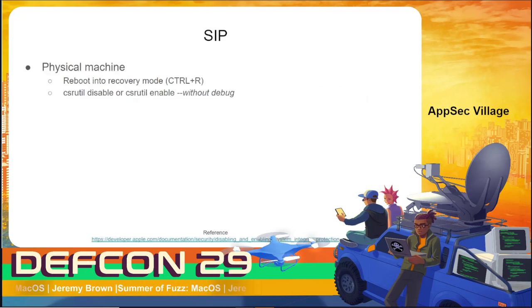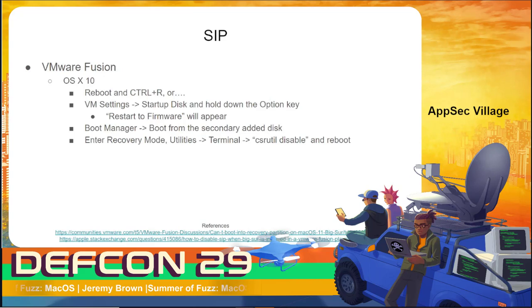So on a physical machine, you can reboot in recovery mode and then disable it, or again, enable it without debug. So that will give you some debug privileges, essentially. And if you're using VMware Fusion or any other virtual environment for Mac for fuzzing and debugging, there's a bunch of steps.